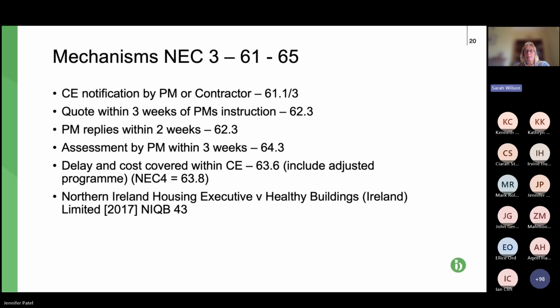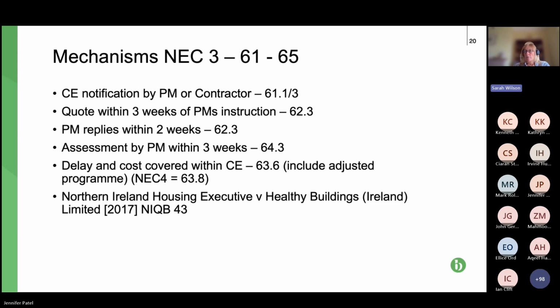So the mechanisms under NEC, we're looking at clauses 61 to 65. We've pretty much looked at these a couple of months ago. So first of all, CE notification by the project manager or contractor, clauses 61.1 and 61.3.